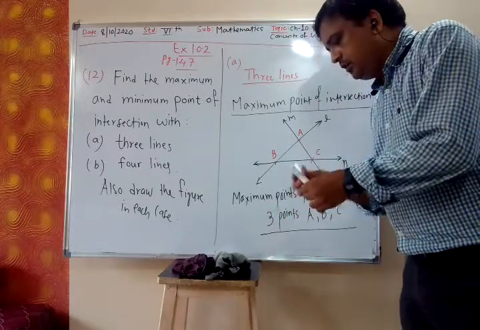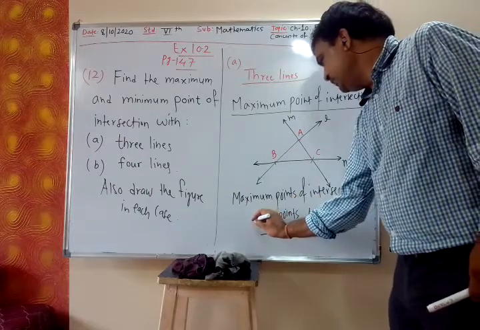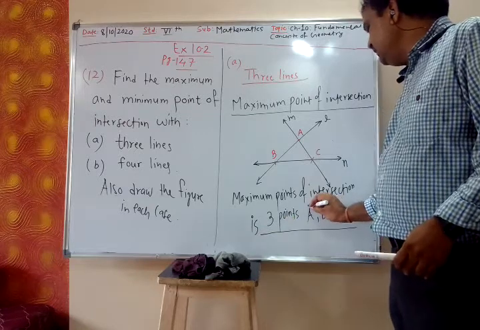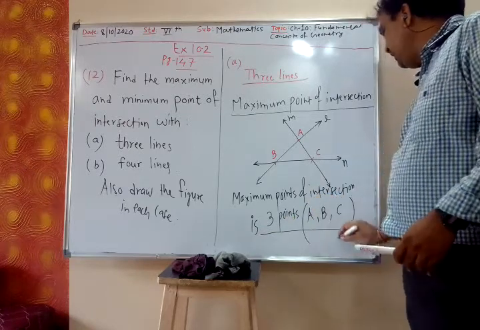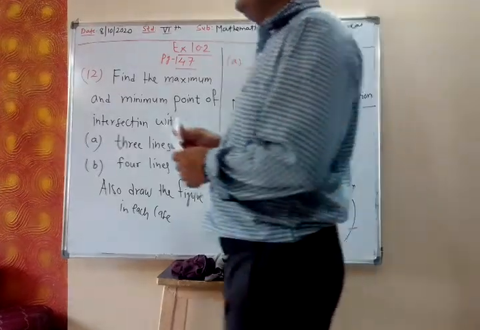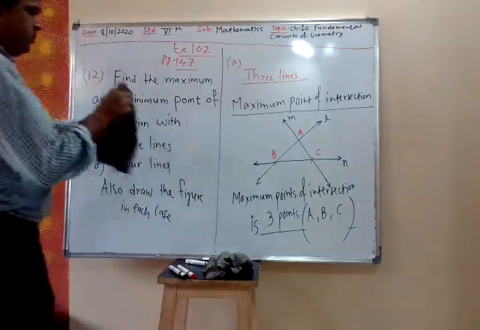All the 3 lines intersect each other, so the maximum point of intersection is 3 points, and the points are A, B, C. This ABC we write in the bracket.